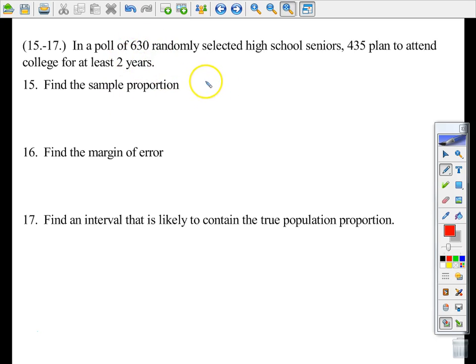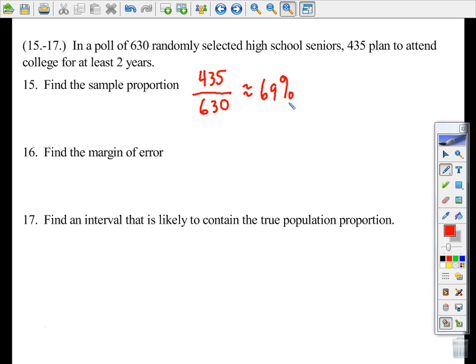So to find the sample proportion, we're just going to do this little division problem. Number that plan to attend divided by all the students that were polled, and we'll just round this to the nearest percent. So grab your calculator, do 435 divided by 630, and round it to the nearest percent, you get 69%.